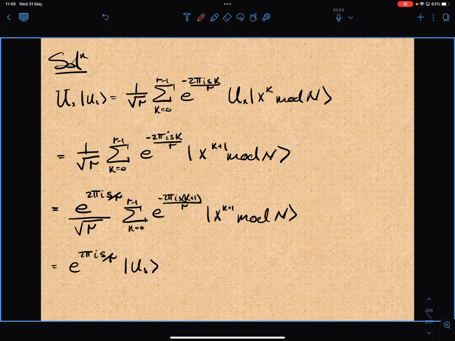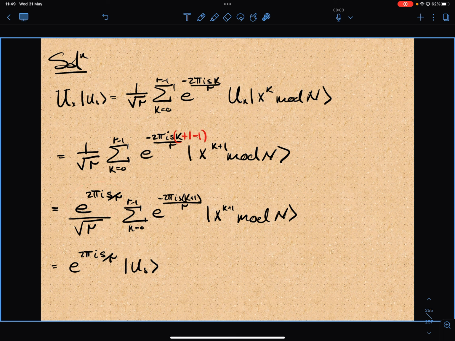What I'm doing here is that I really want to match this exponent with this one, so I add 1 and subtract 1 to my k. Then I keep the plus 1, and I factor out the minus 1, so I factor out this term.